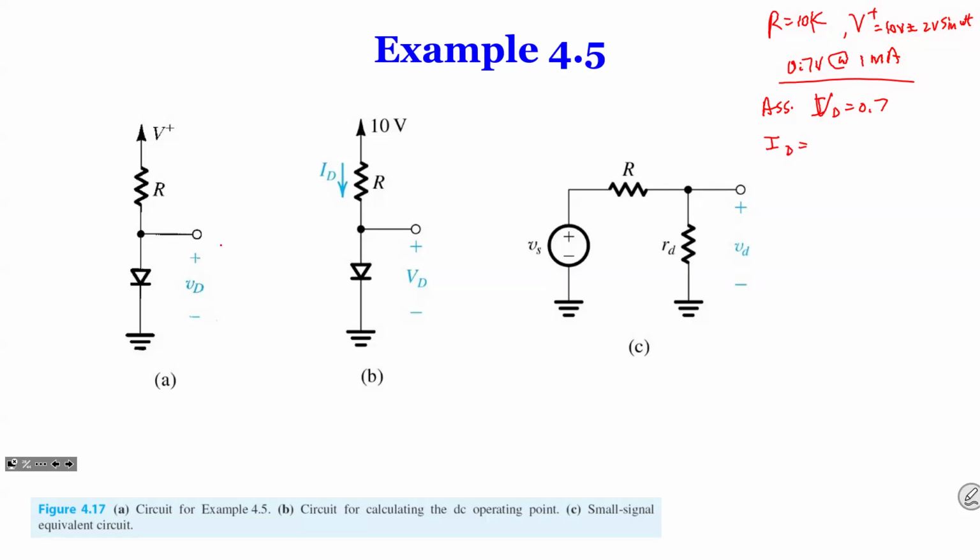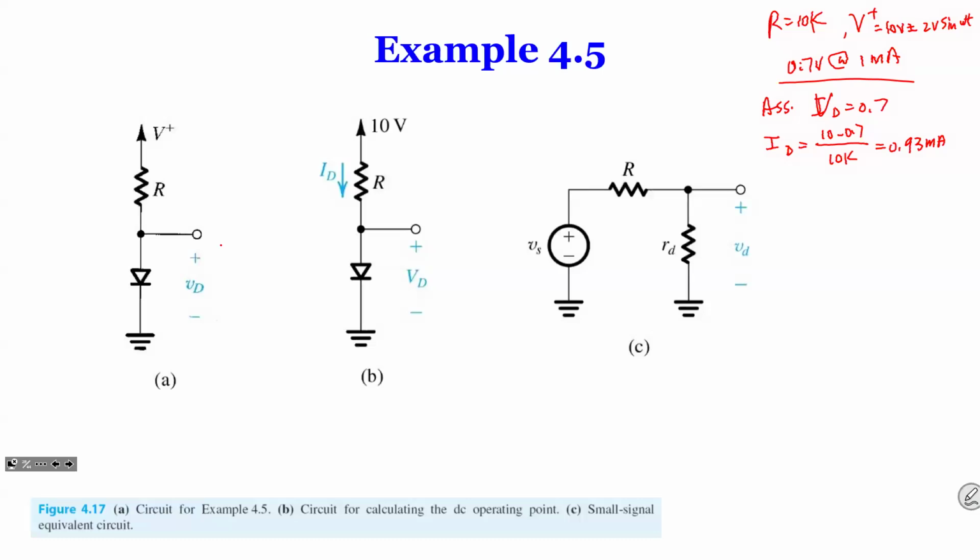The middle one is the DC circuit. So it's going to be 10 volts minus 0.7 divided by R, which is 10K. So you get 0.93 milliamps. So at this point, what we are saying is, if we assume it's 0.7 volts, we get the current of 0.93. So this is close enough, right?